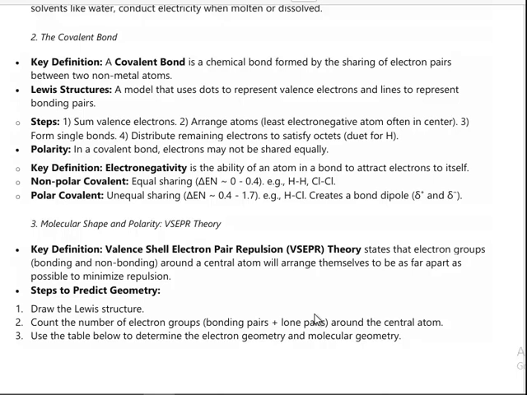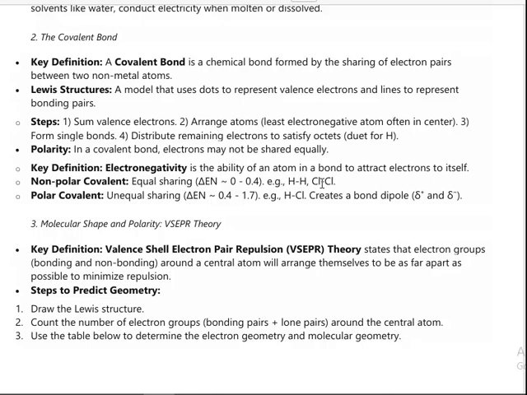For non-polar you have equal sharing, and the change in electronegativity is between 0 and 0.4. Examples are hydrogen gas, H and H, and chlorine gas, Cl and Cl.